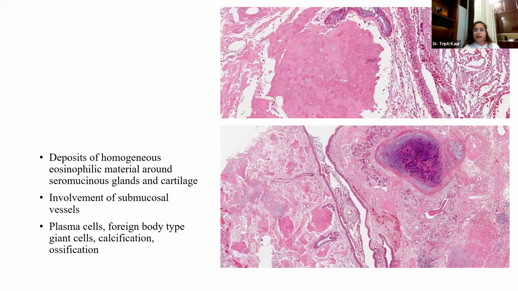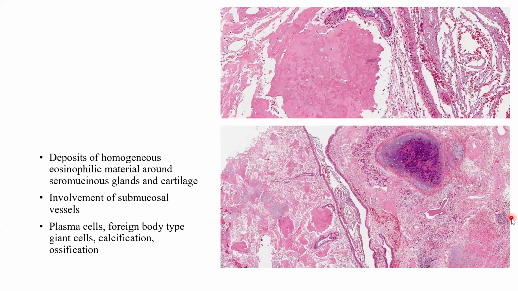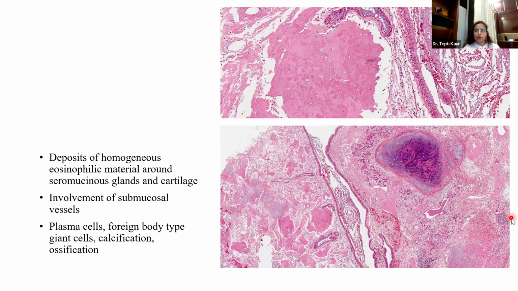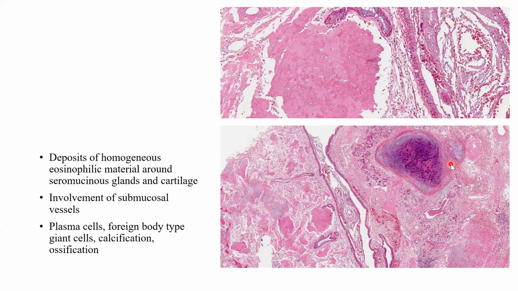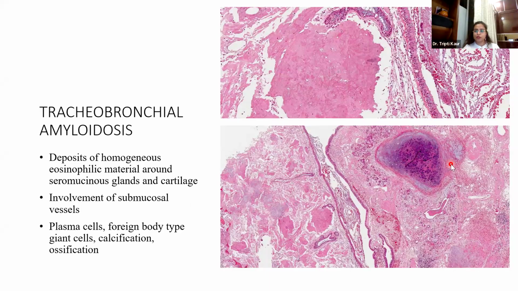This is a tracheobronchial biopsy, cartilage you can see, and there is a lot of eosinophilic material here. Hamartoma. No. This is also a case of amyloid, but it is tracheobronchial amyloidosis. So tracheobronchial amyloidosis is also an incidentally found amyloidosis, okay, and it is usually not associated with systemic amyloidosis.